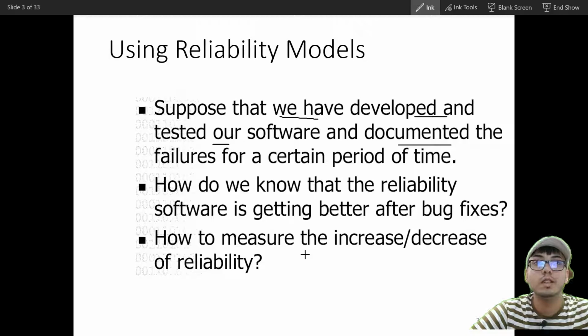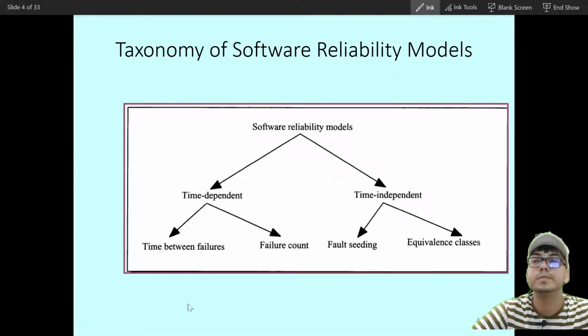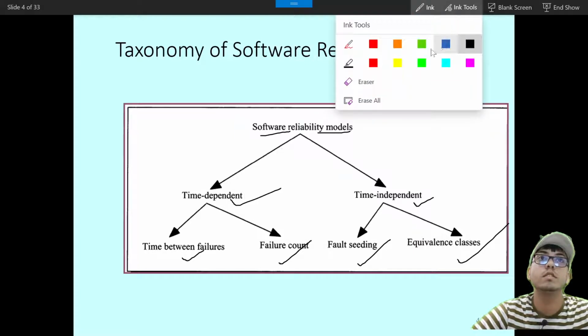How do we measure the increase and decrease of reliability? So this is the taxonomy of software reliability models. Software reliability models are divided into time dependent and time independent. Time dependent models cover time between failures and failure count; time independent models cover fault seeding and equivalence classes.